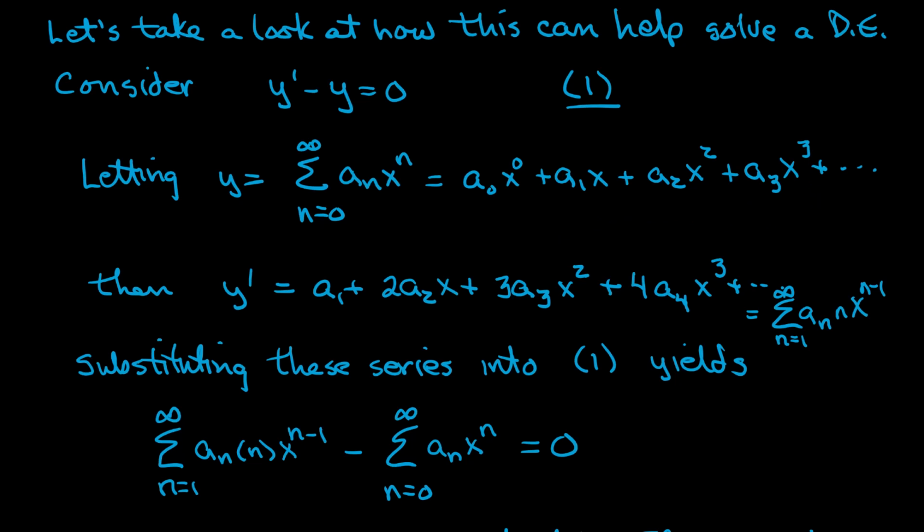So what's going to wind up happening here is we're going to get a series where we have whatever the index is as a coefficient out front, and the exponent being 1 less than whatever that index is.